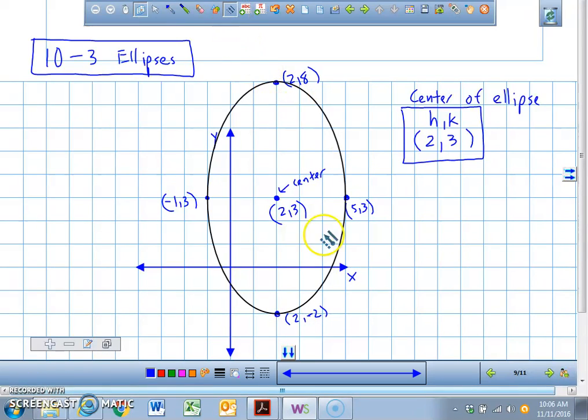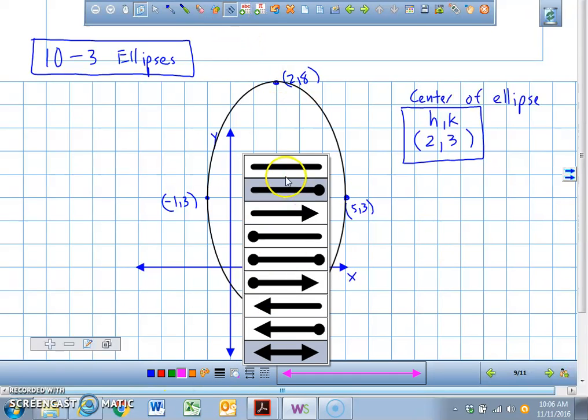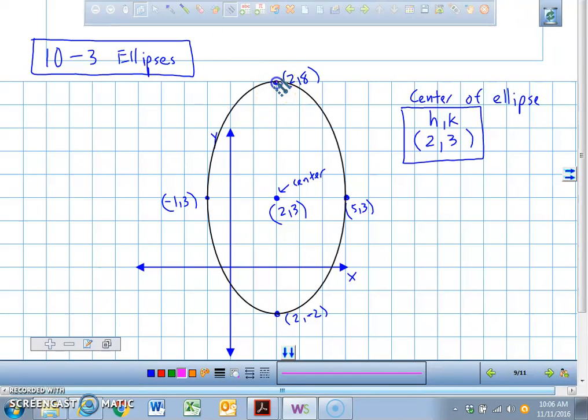The first thing that I would like you to do after you draw this is draw a nice long segment right there going all the way through the center of the ellipse. And I want you to label this long segment as the major axis.